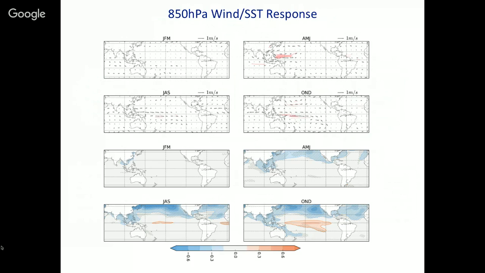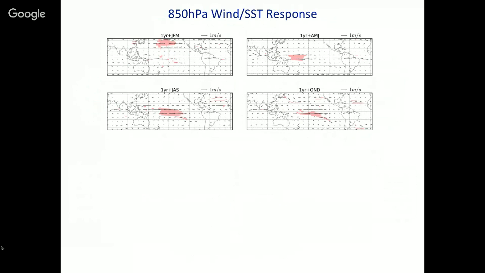Did you look at the summer response? Yes, I have. You can make the same plot. I can show it. This is the first year, right? This is the first year. Now I'll show you the second year. In the second year, even your wind response picks up. One thing to note here is it's not very significant during the transition months, but again, during AMJ, it picks up.